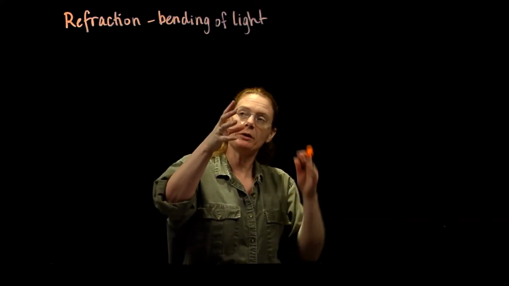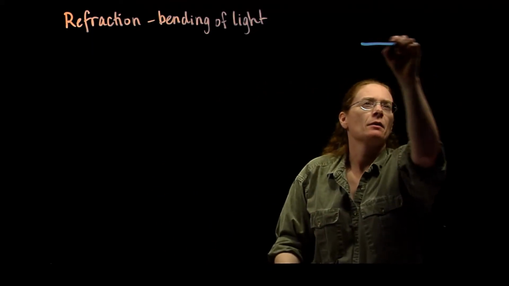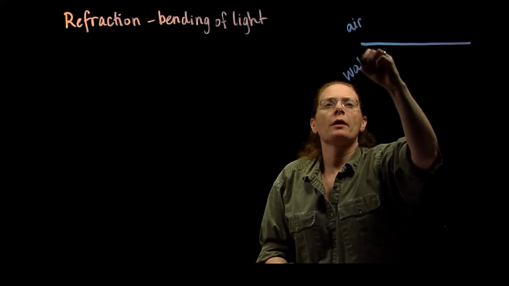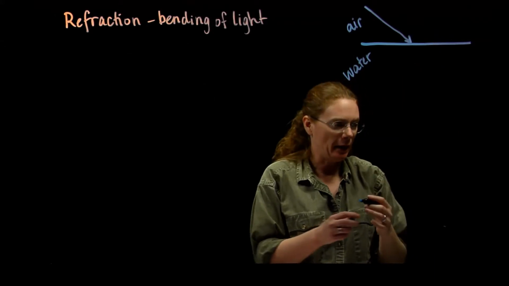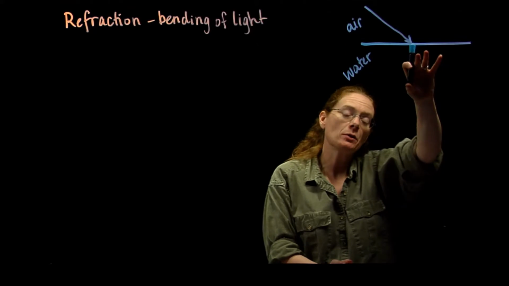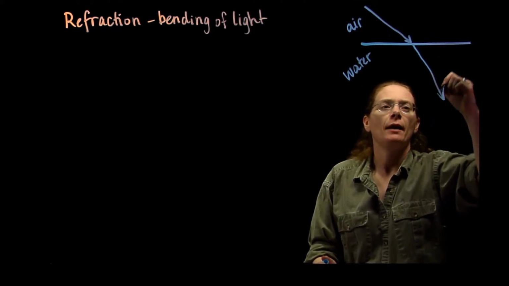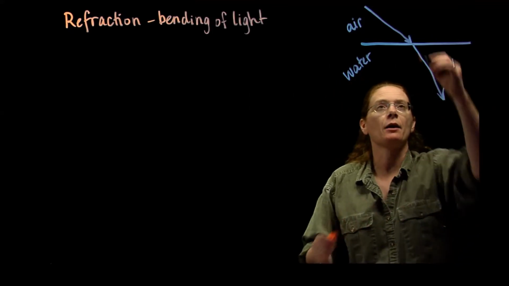So an example is if we've got air and we've got water. Suppose we have a light ray coming in from air and then it moves into the water. What happens when it moves into the water is that it comes off at a different angle than it was traveling at in the air.